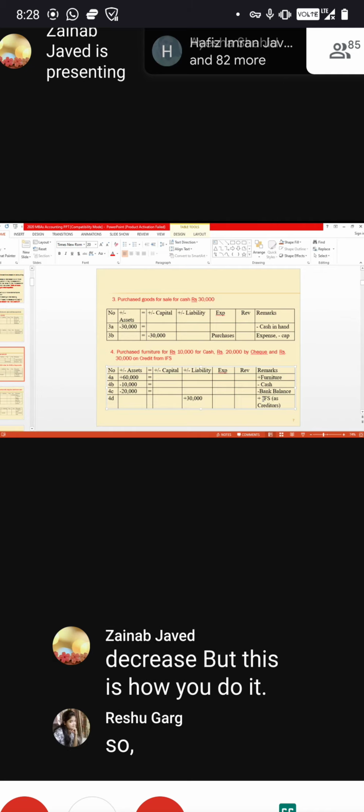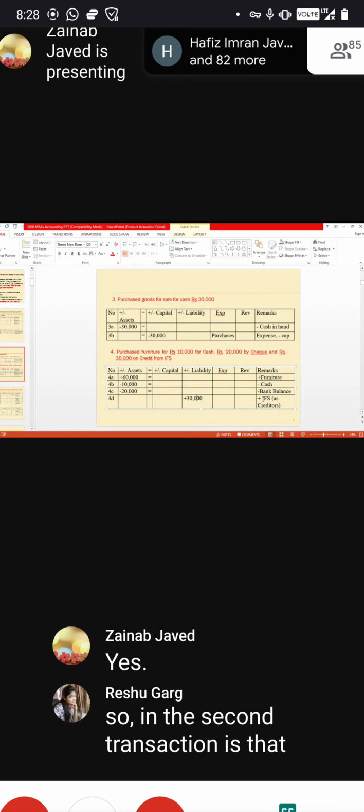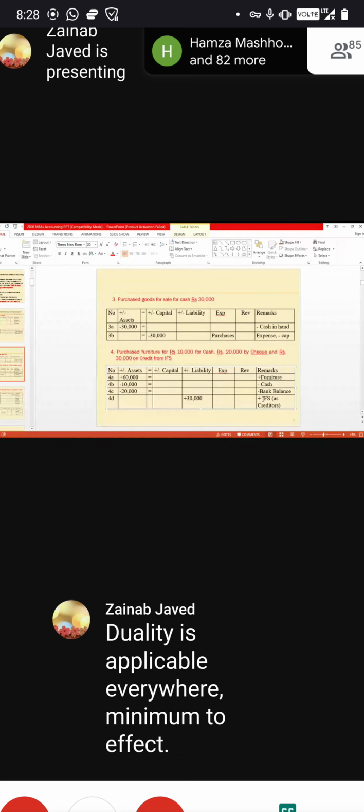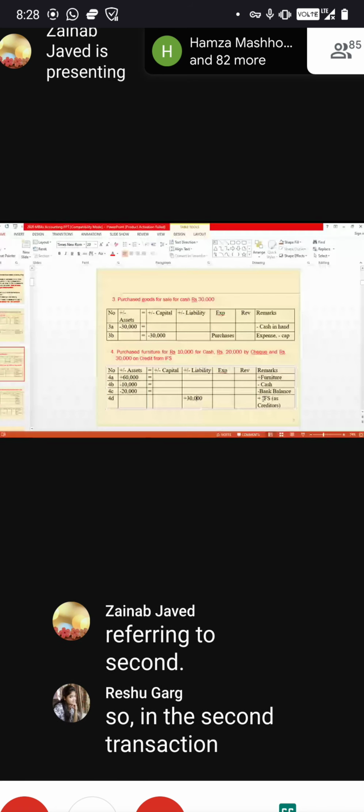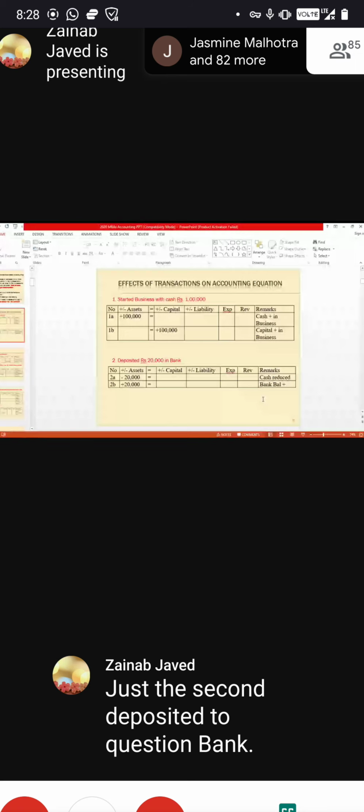Sir, in the second transaction, is that an example of the duality concept? Duality is applicable everywhere. Minimum 2 effects. You are referring to the second transaction, deposited cash in bank? Yes, duality you can say, because there are 2 effects of every transaction.